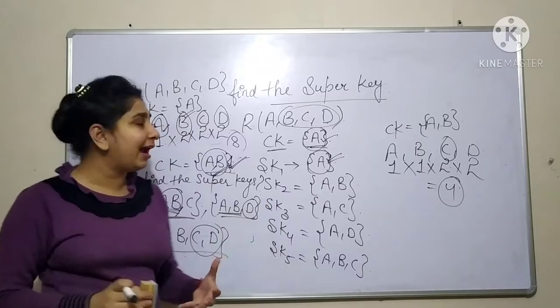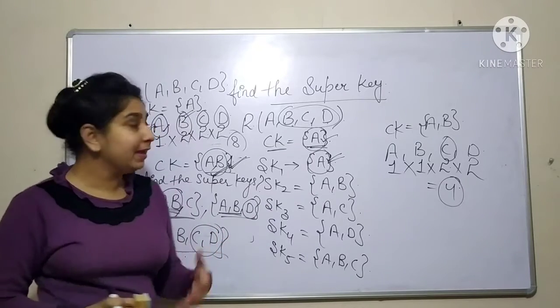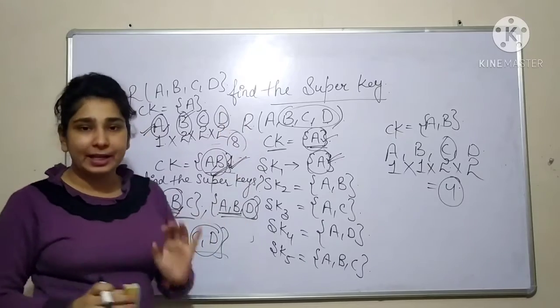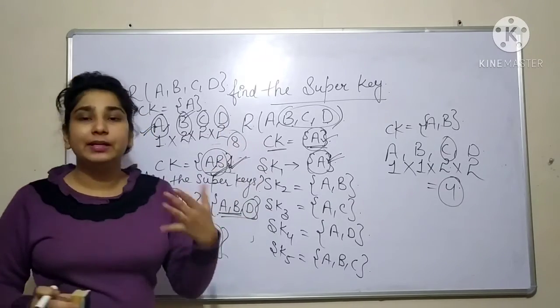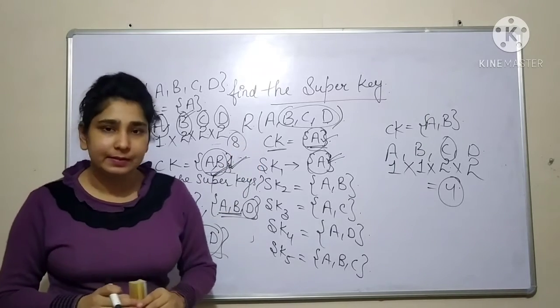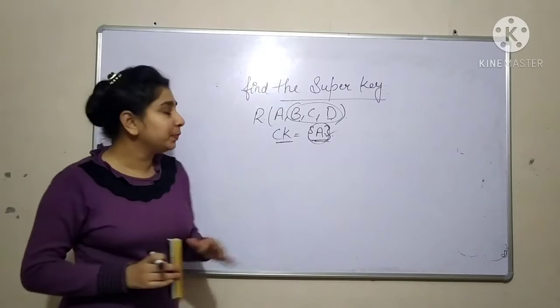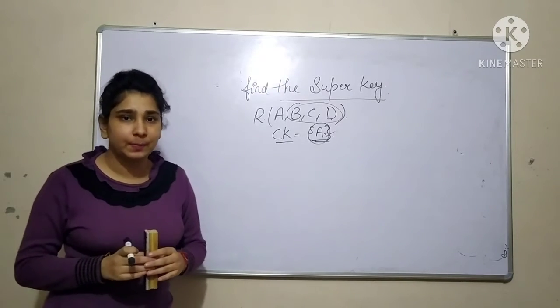This way we determine the total number of super keys. If you are given a relation and the candidate key, you can easily determine the total number of super keys.